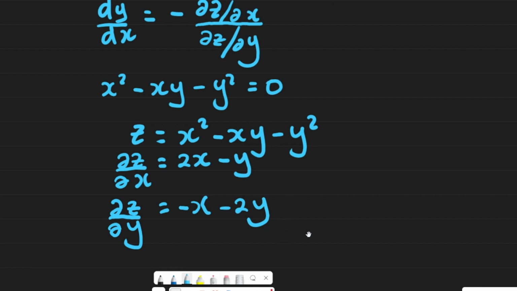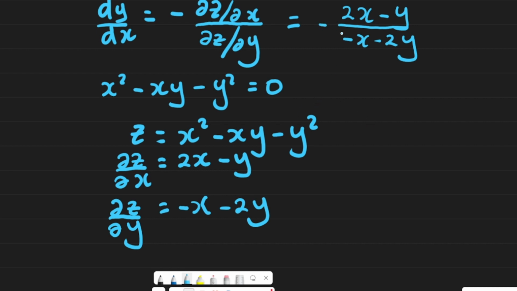So applying this formula as we have it, dy dx is just 2x minus y, put a minus in front of it, divided by minus x minus 2y. That's our answer.